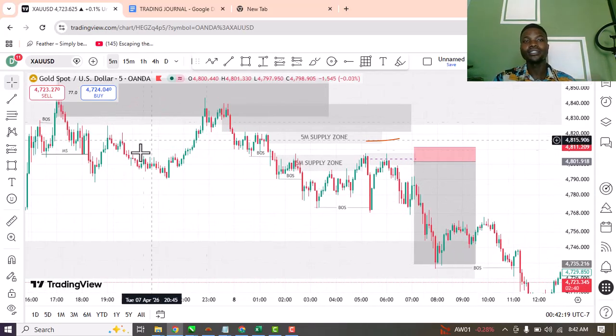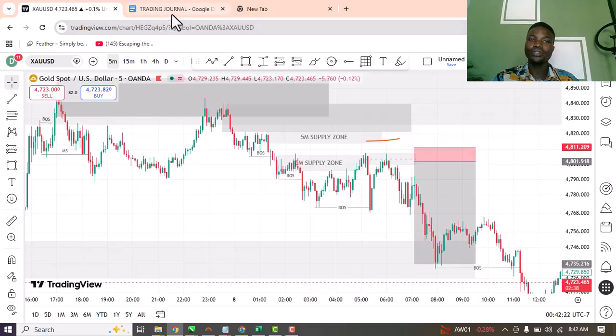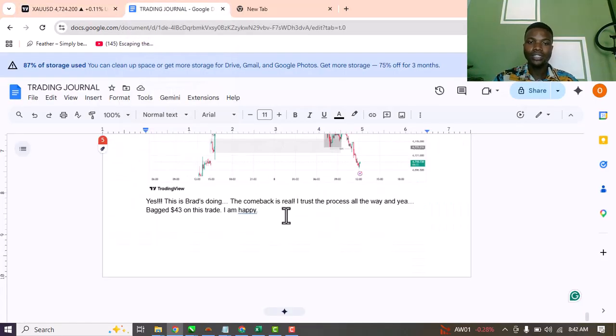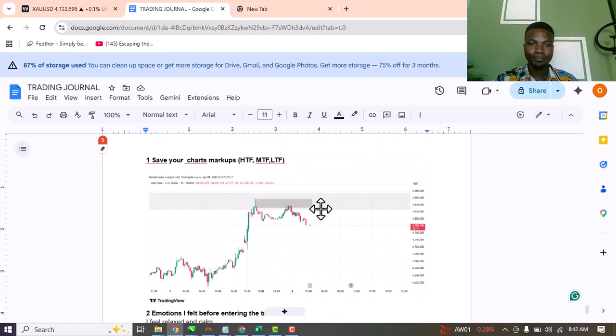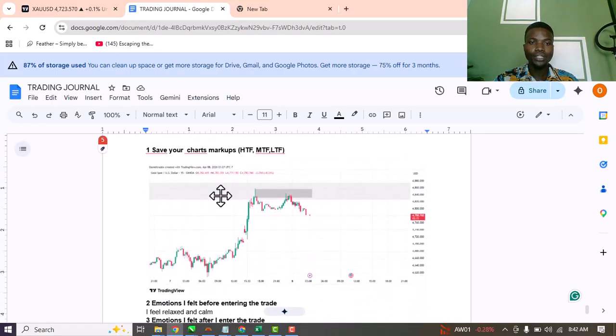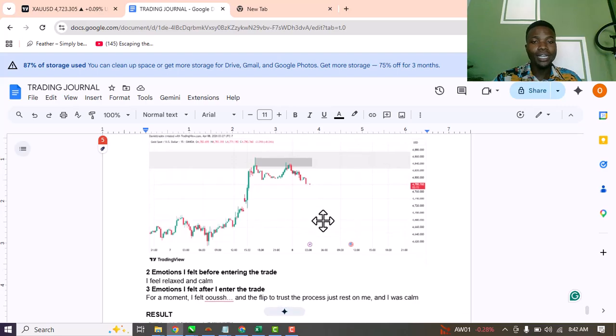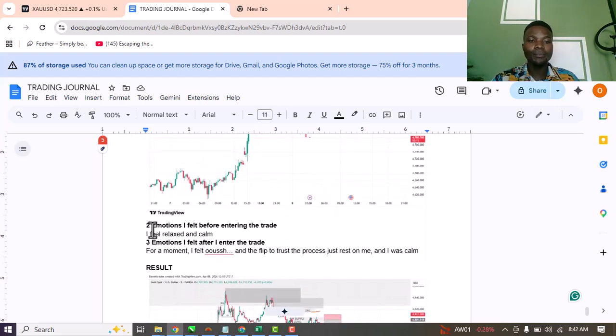I will also not forget to say that I documented this trade. Let me just show you. You see that I saved my chart markup before I entered the trade at all. After I saved this chart markup, I documented the emotion I felt before entering this trade, which, you see, I wrote there that I felt relaxed and calm.